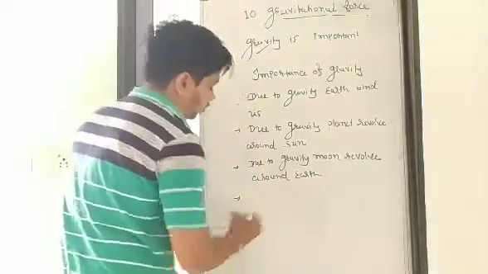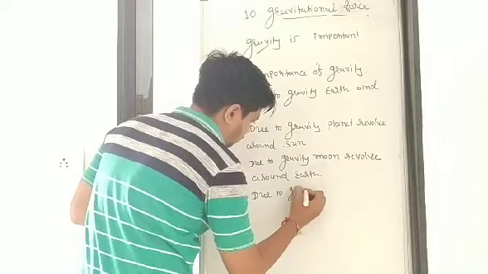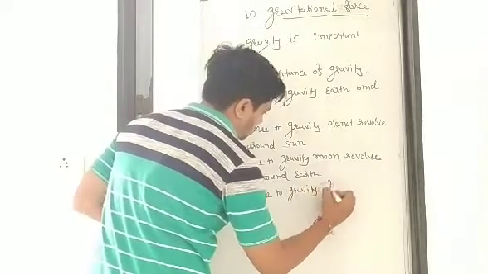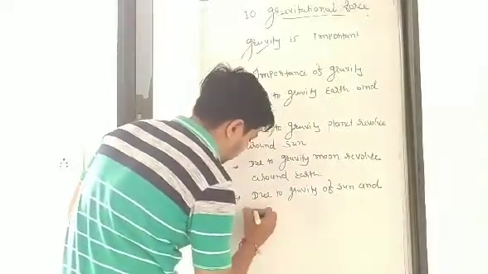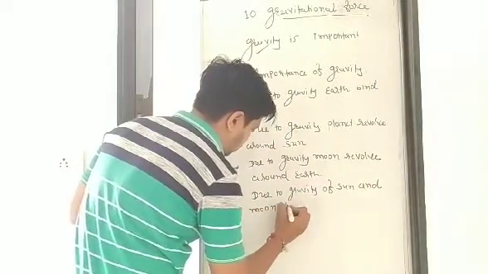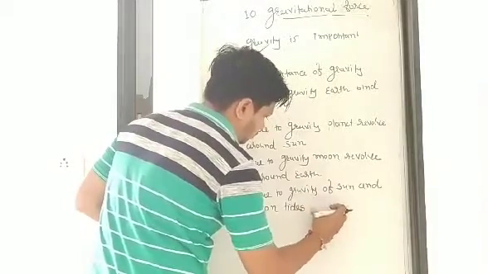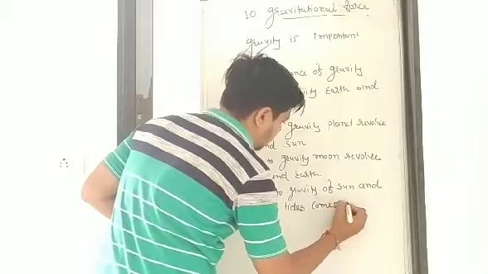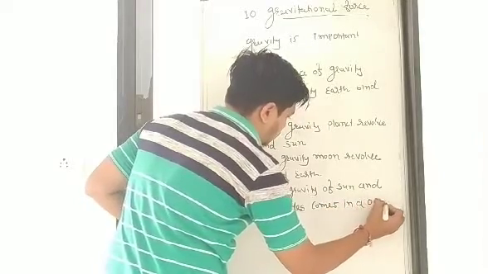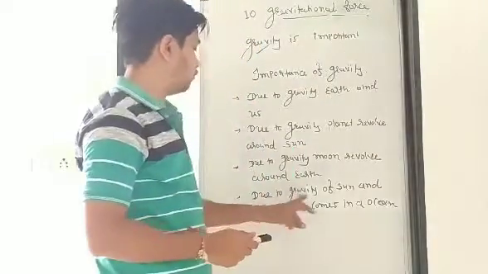And the last one, due to gravity of sun and moon, tides come in the ocean. Generally, the tides that come in the ocean are also due to the gravitational force of sun and moon.